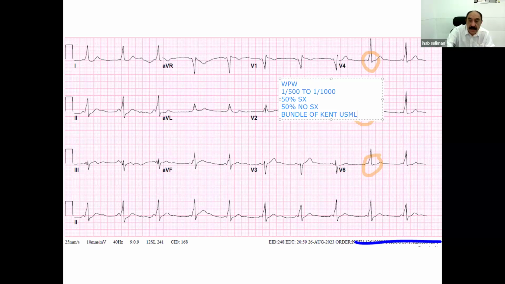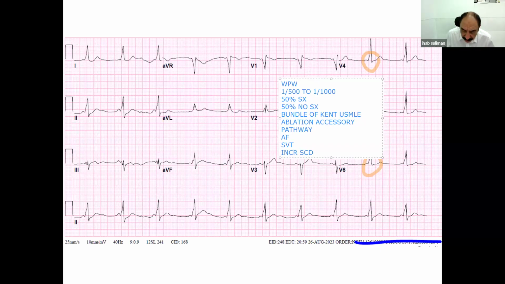And the treatment of choice is ablation. You ablate the abnormal accessory pathway because otherwise the patient will be suffering a long time from palpitation. They can come with AFib or SVT, and they have an increased incidence of sudden cardiac death.